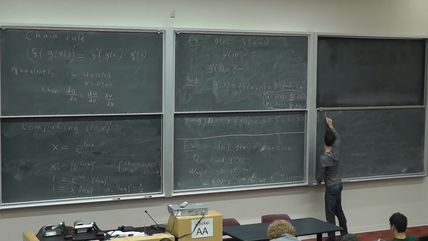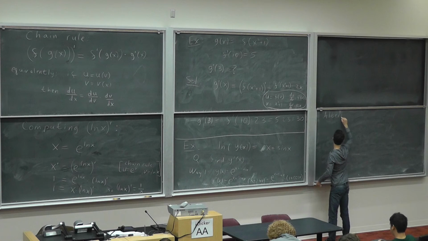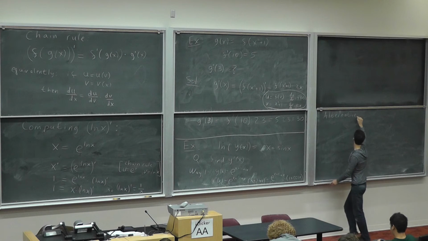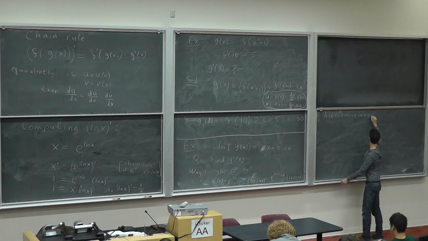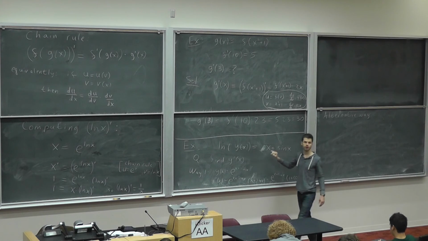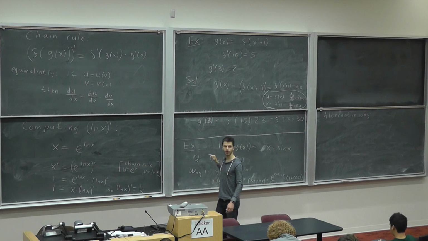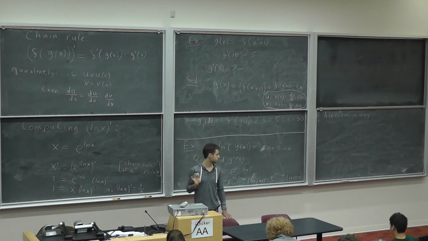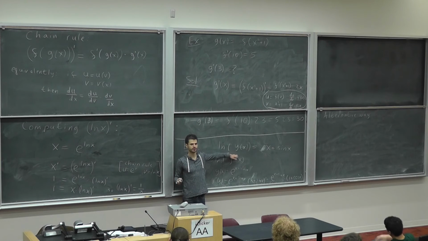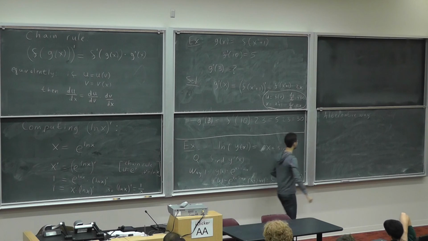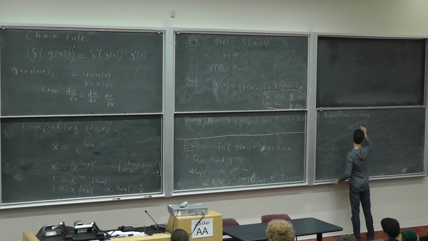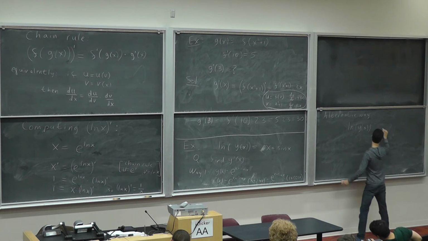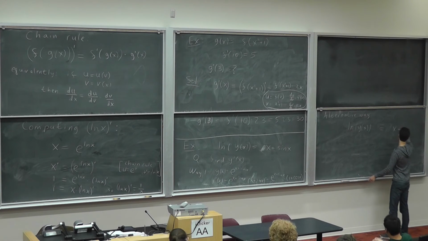So alternatively, I will not find what y of x is. I'll just work with this expression directly. I'll take this identity, ln of y of x is x plus sine of x.